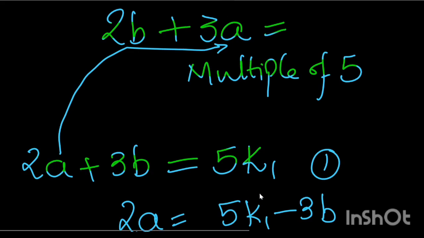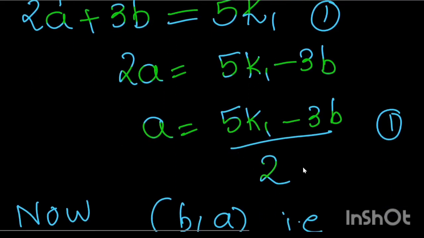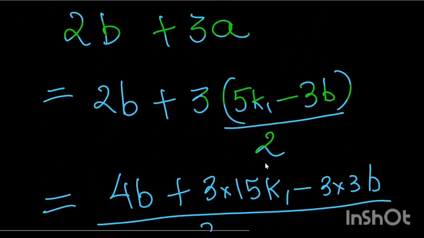Following that, the next step, we got 2a equals 5k1 minus 3b, so a is (5k1 minus 3b) by 2. Let's say this is first. Now (b, a), as I said, we will substitute a here: 2b plus 3 times (5k1 minus 3b) by 2.